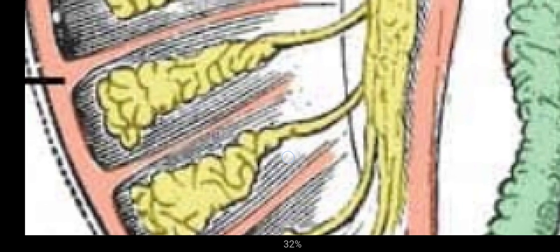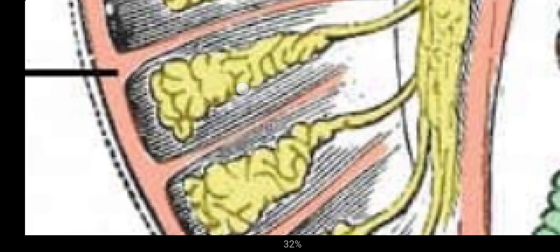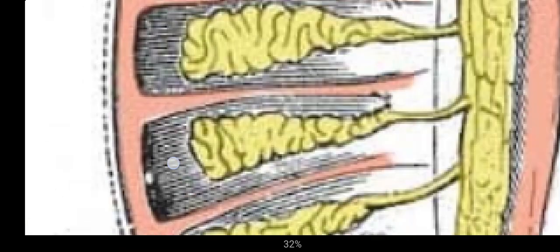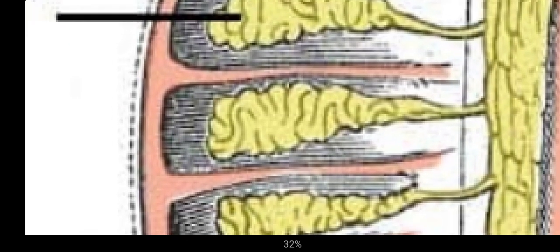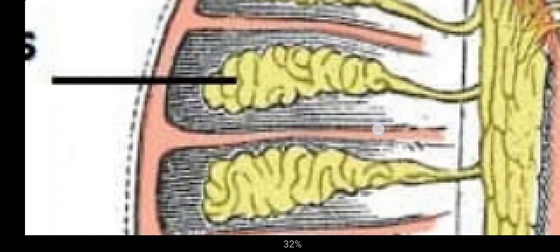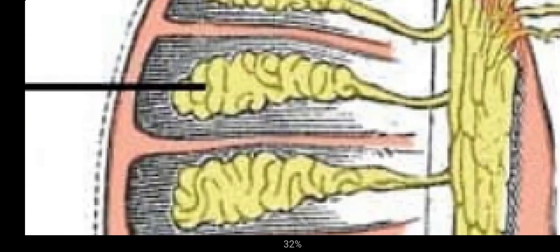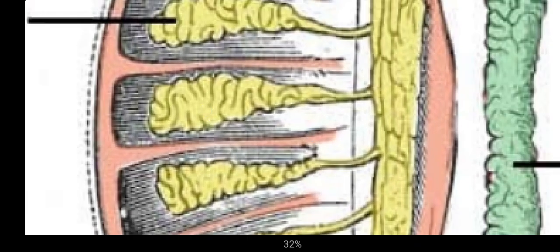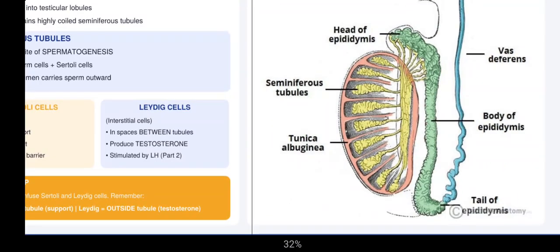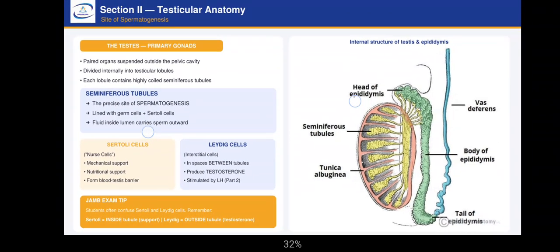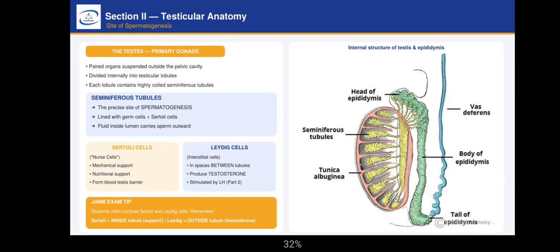This is also another section. This is another section, and this is another section, right? So all of these are sections, and in each of these sections inside, you can find seminiferous tubule in all of them. Okay, so those are the lobules we are talking about, and each lobule has coiled seminiferous tubules within it. Okay, so the seminiferous tubule is the site for spermatogenesis.